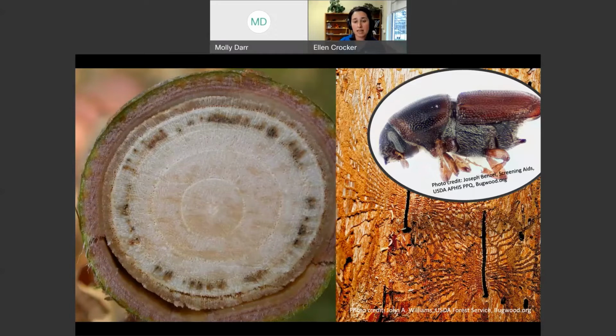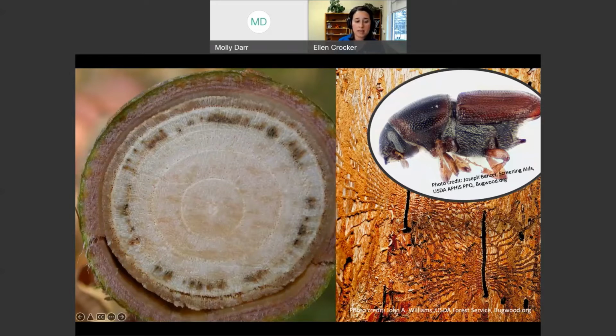Now we do still have elm around, and they do still get Dutch elm disease. I see it quite regularly, but there's a lot more resistance naturally occurring with Dutch elm disease than there is to something like chestnut blight. Which is great for us in terms of being able to have those elms still in the landscape.